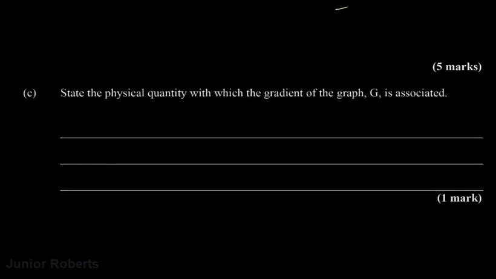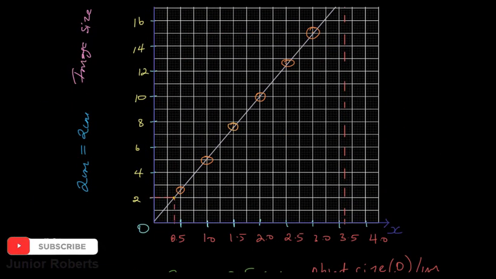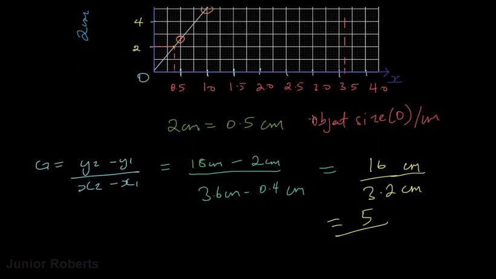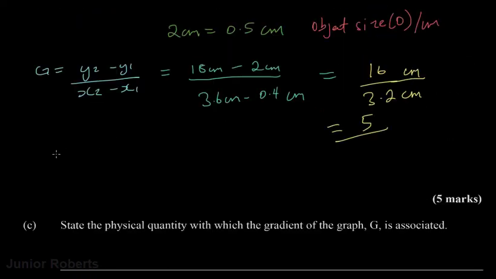It says now, state the physical quantity with which the gradient of the graph G is associated. Because we plotted image size versus object size, the gradient of this graph will represent the magnification. You can remember that our magnification M is equal to the image size over the object size.